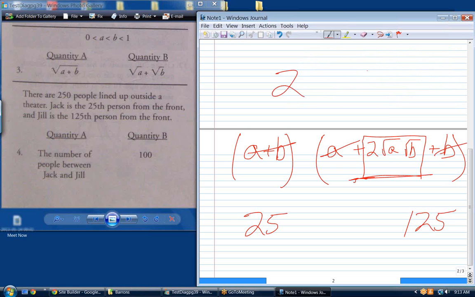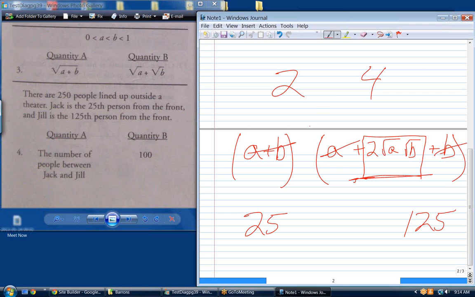How many numbers are between 2 and 4? Not including 4. In this problem, they want the number of people between Jack and Jill, so they're not counting Jack or Jill. So it's the same question as the number of numbers between 25 and 125, not counting either number.